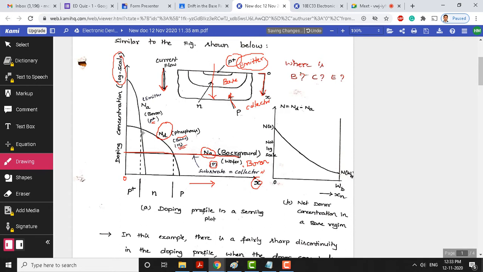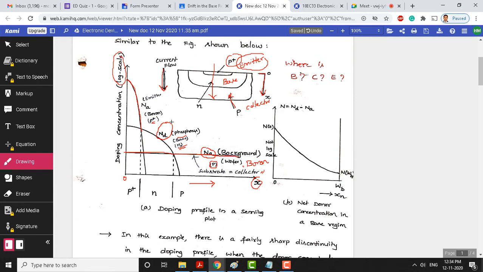And once again, if you want to create an emitter here, on top of this you need to diffuse with boron once again, that converts this n material to p plus. That is why you see a larger profile like this, and there is a small overlapping between the emitter and the base, and between the collector and the base, and all these three overlap with the background material.